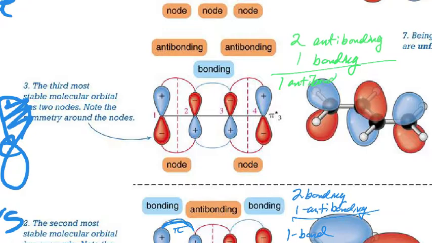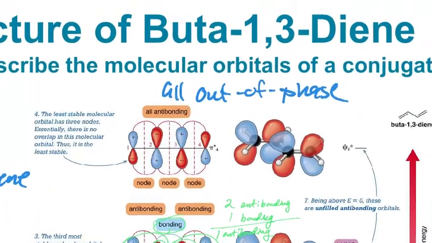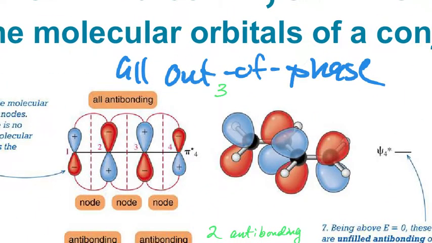So you can see it's less stable than the one before it. Here's the bonding, right? Both are red, and then you have anti-bonding and anti-bonding. And up here we have 3 anti-bonding, which is obviously the worst.